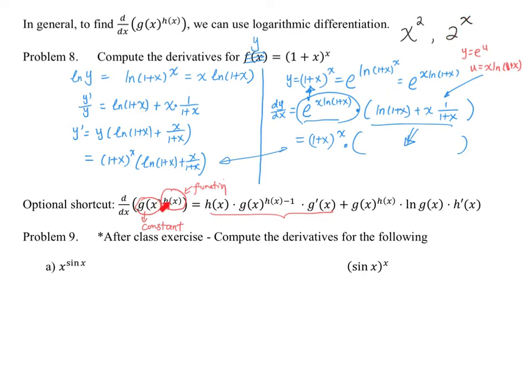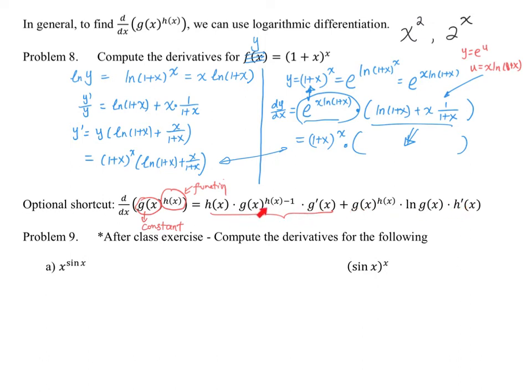How do you find the derivative of an exponential function? It will be the same function, g to the h, times the natural log of the base, which is g, right? And then because you're treating h as a function, you need to apply the chain rule, so the derivative of h.